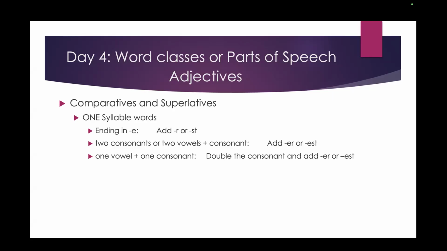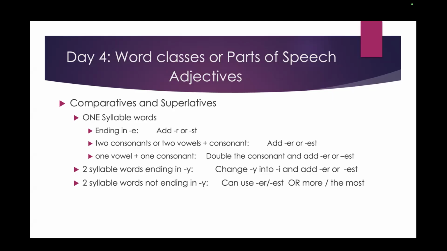And if we have one vowel and one consonant, then we need to double the consonant and add ER or EST to use them as comparative or superlatives, respectively. If we have an adjective with two syllable words that end in Y, then we replace the Y with an I, and we add ER for comparatives and EST for superlatives. We're going to see examples of this.